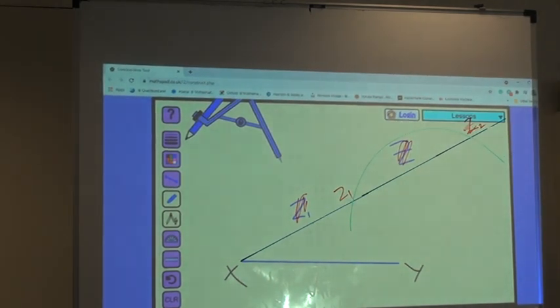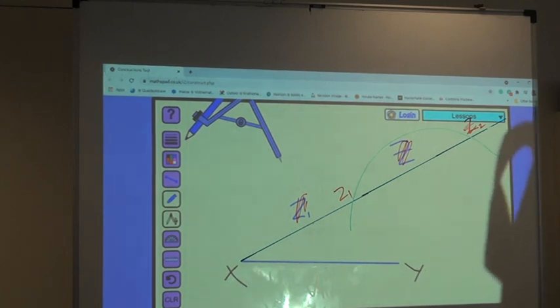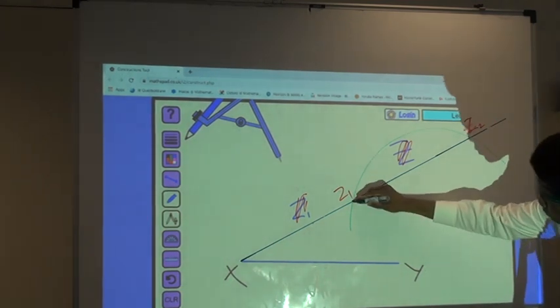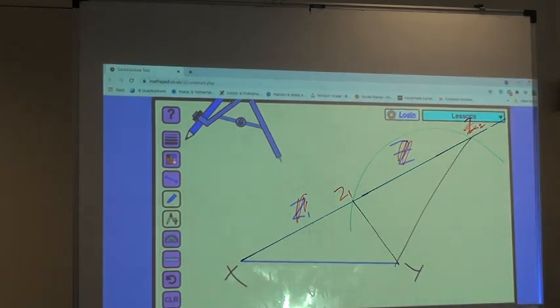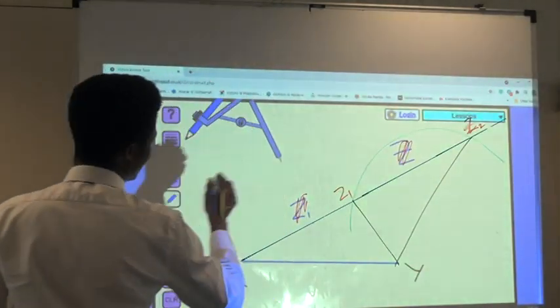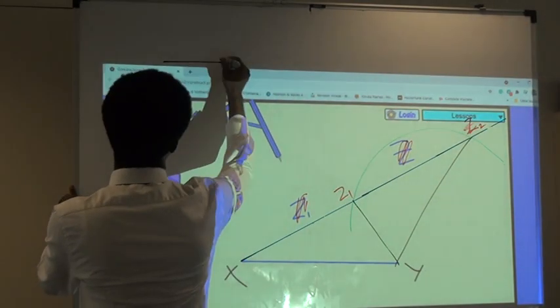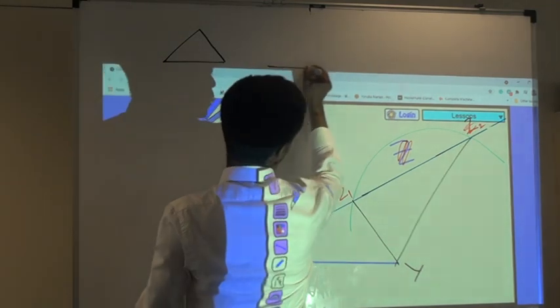Okay, so in that case, you have two possible triangles, right? And what are the two possible triangles? You have this one and this one. So basically, your triangles are this or this.